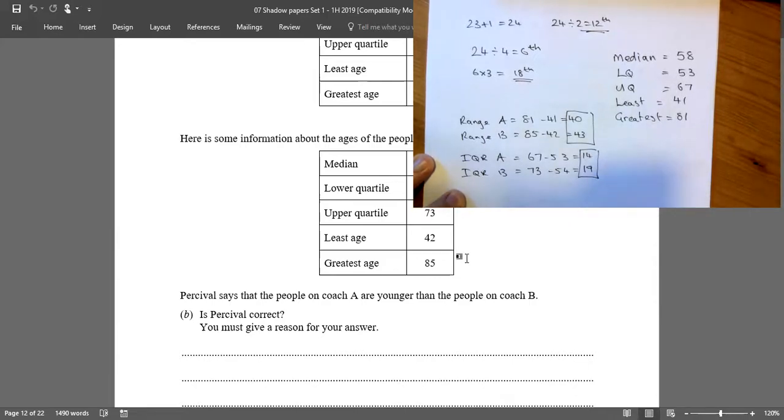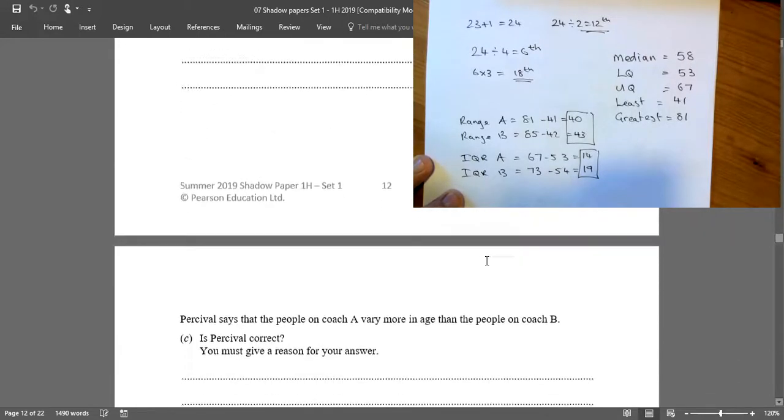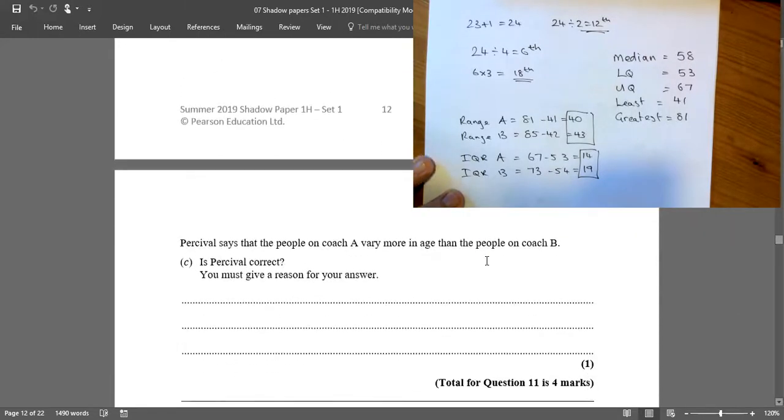Again, not that big a difference. So you could say that coach B varies more than coach A. So no, Percival is not correct for that one. Sorry, I just misread the question for a second.